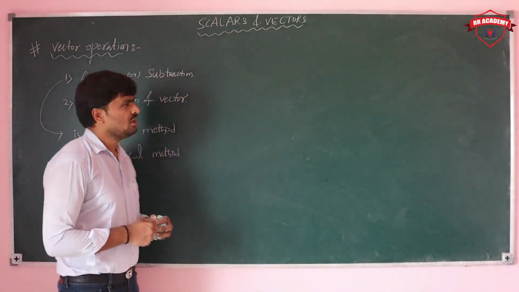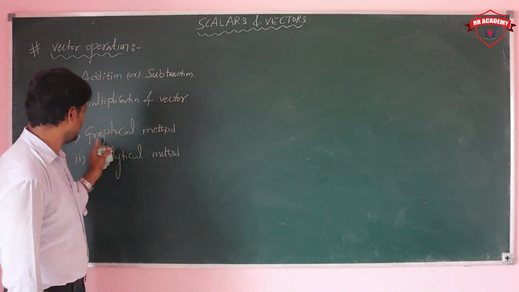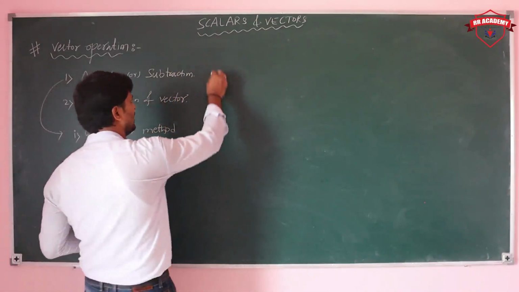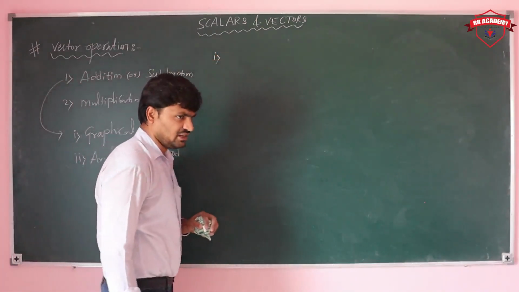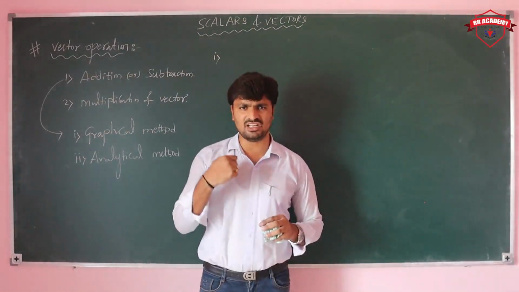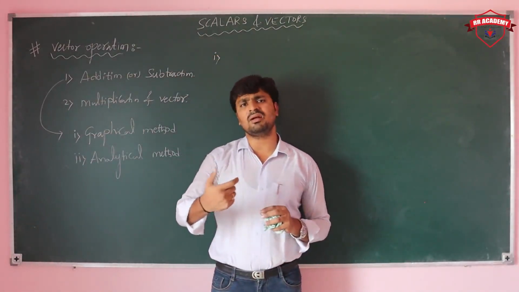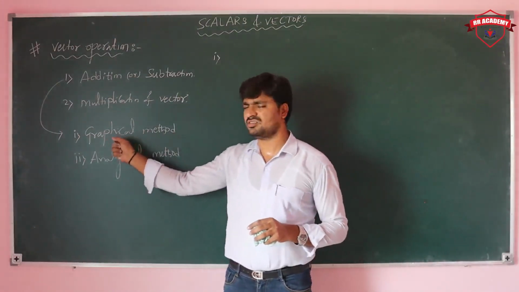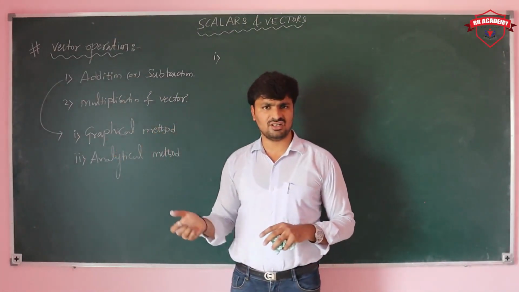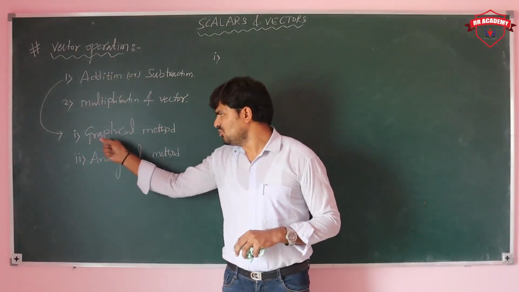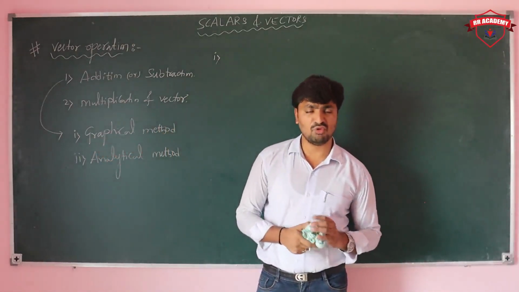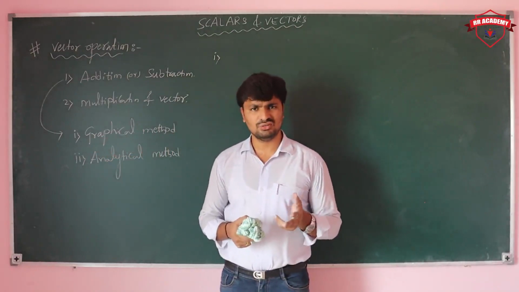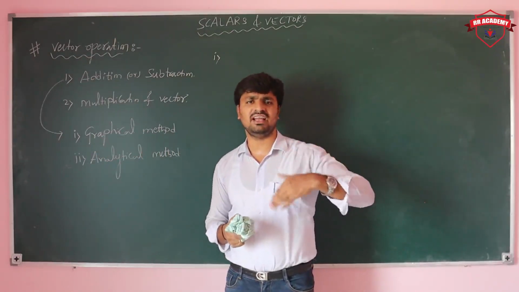In this graphical method, two or more vectors, it is easy to take a number of vectors. It is the easiest process for taking more vectors. If you want to add, at that time you need to use the graphical method. More vectors means 2, 3, 4, 5, 6, 7, 8, 9, 10.